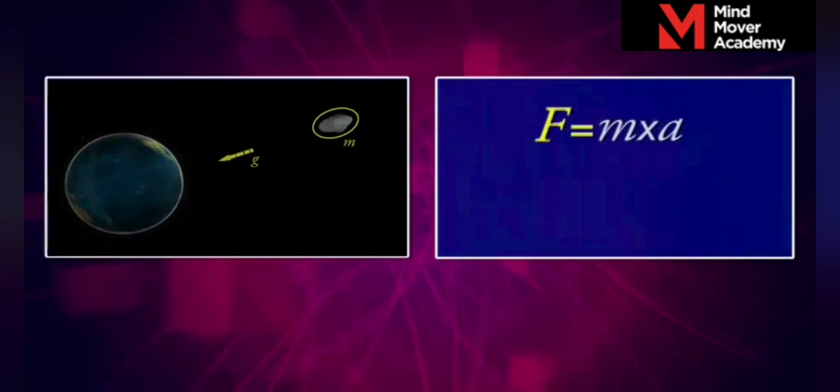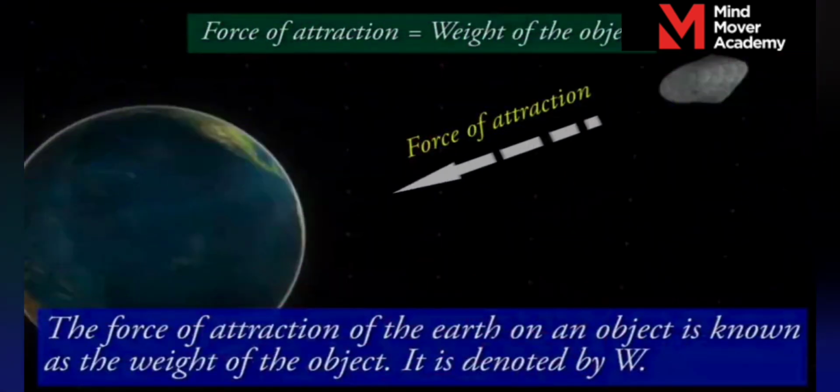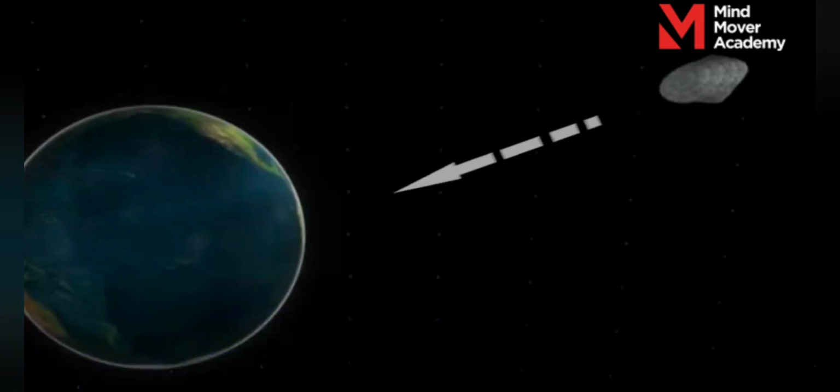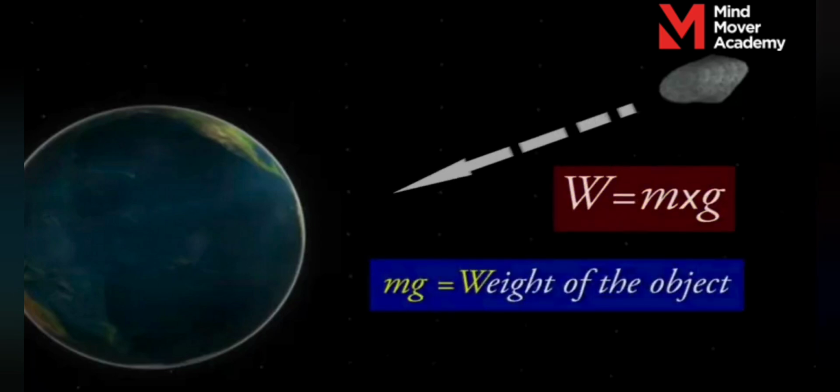We know that F is equal to m into a. That is, F is equal to m into g. The force of attraction of the Earth on an object is known as the weight of the object. It is denoted by W. Substituting the same in the previous equation, we have W is equal to m into g.